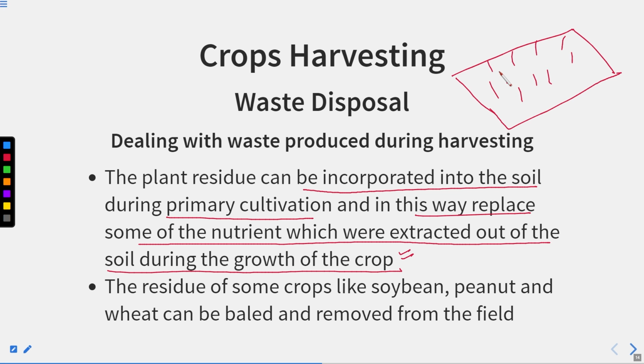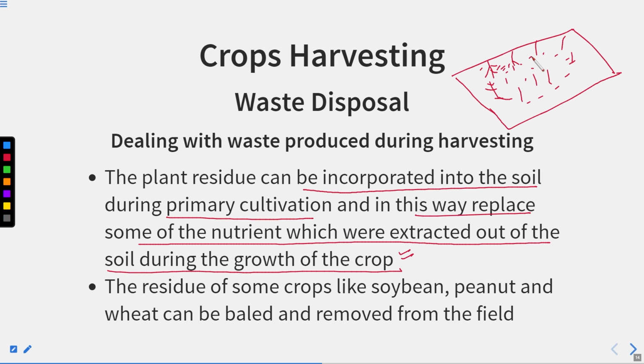Now this crop will take all the nutrients which are present in the soil. Now the debris which is present there after harvesting this plant can be mixed with the soil after the primary cultivation. Okay, and that will decay there and become part of the soil.